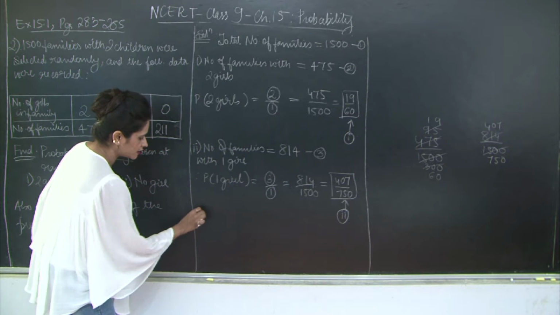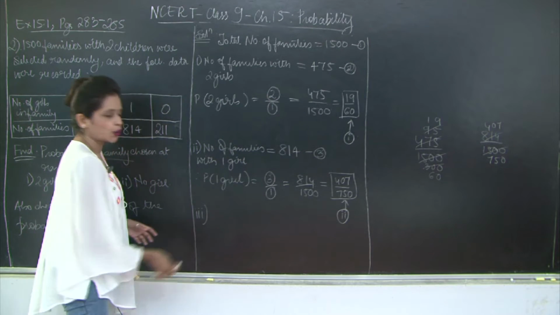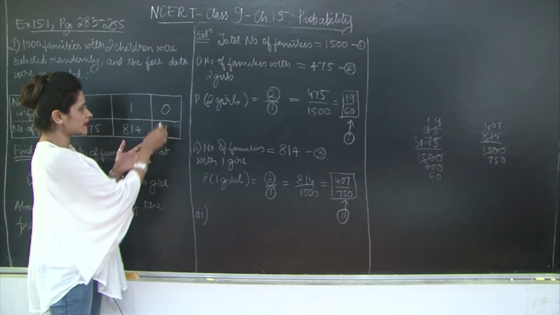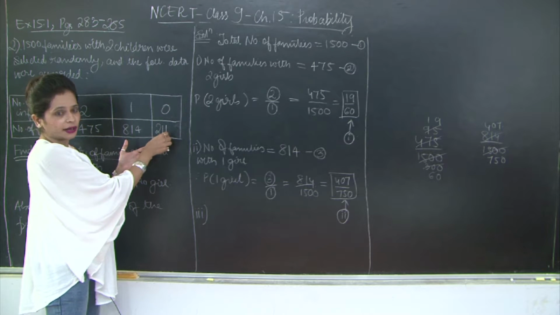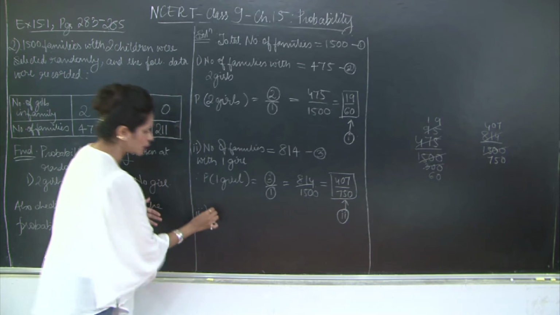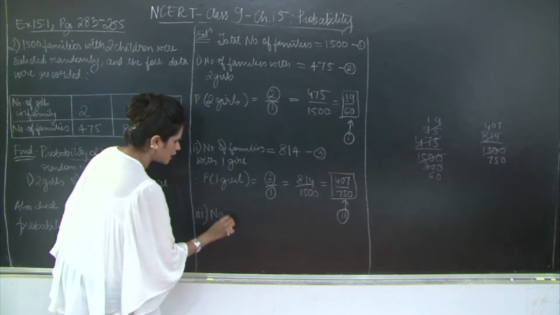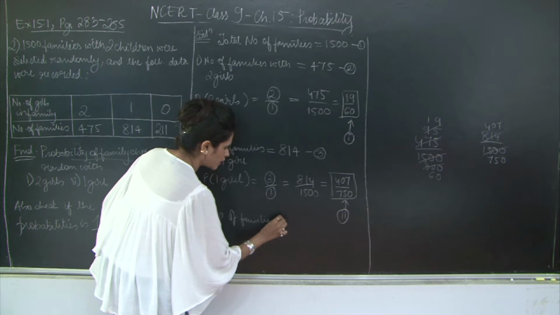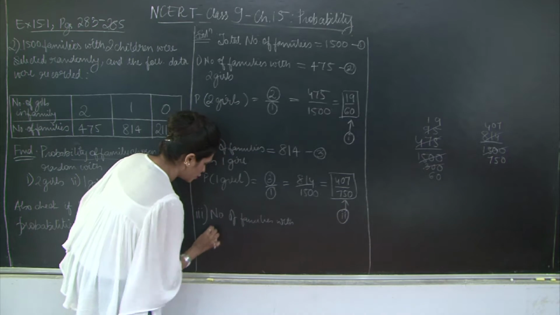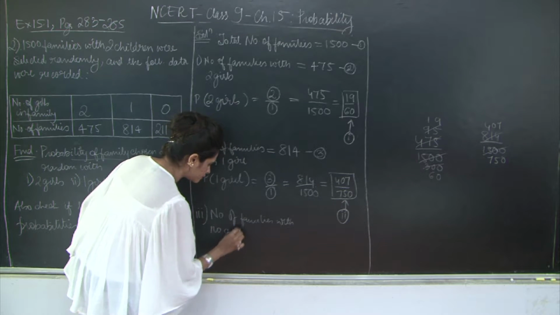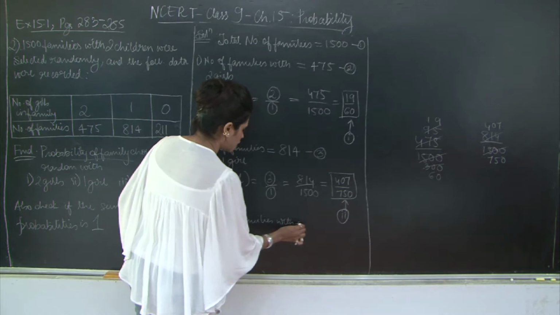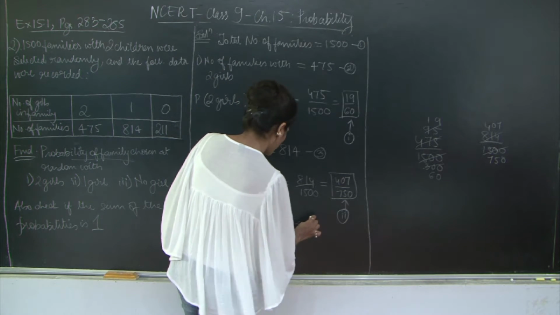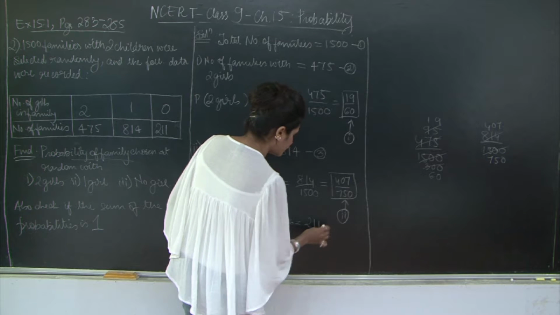And finally, the probability with no girls in the family. The count of families having no girl child is 211. So we are going to take this number. Number of families with no girl is going to be 211.